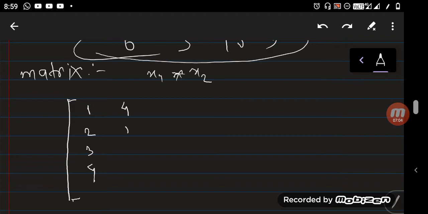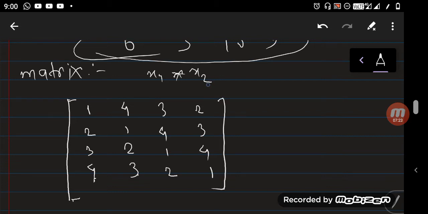You are putting the last element on top and writing the rest the same way. Then again put 3 on the top, then 4 1 2, and again 2 3 4 1. How many times? Till the number of samples in x2, which has 4 elements, so 4 times you have to rotate and write it the same way.